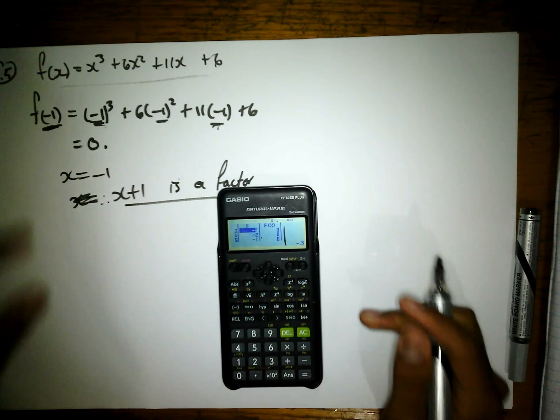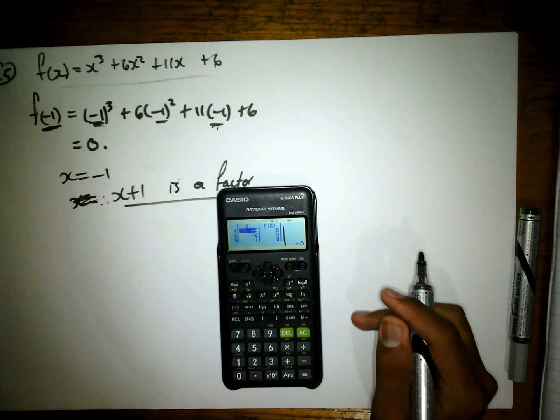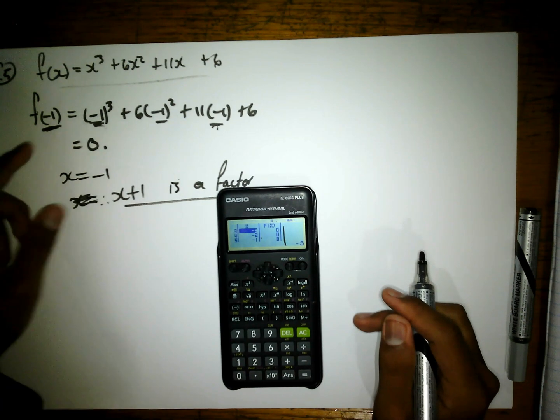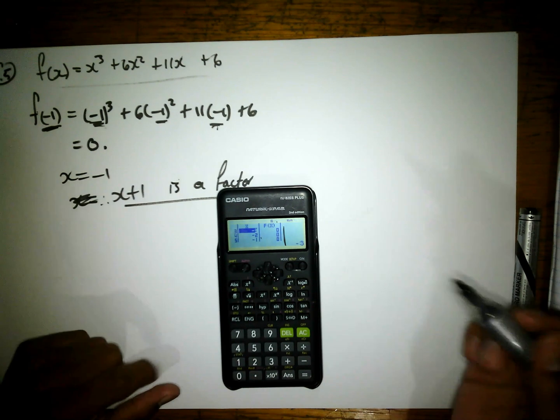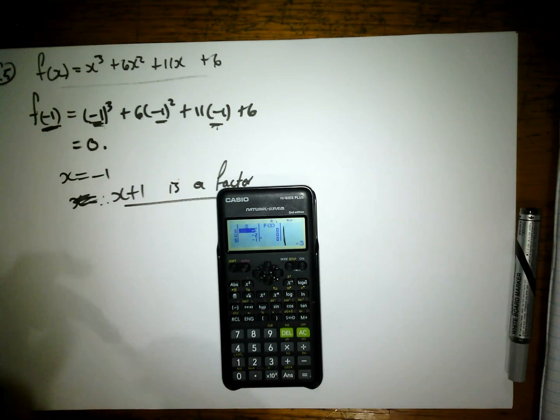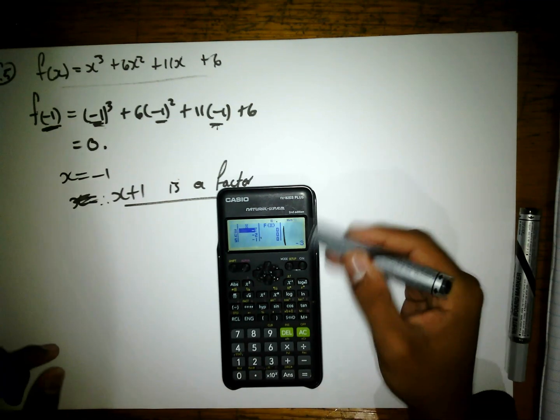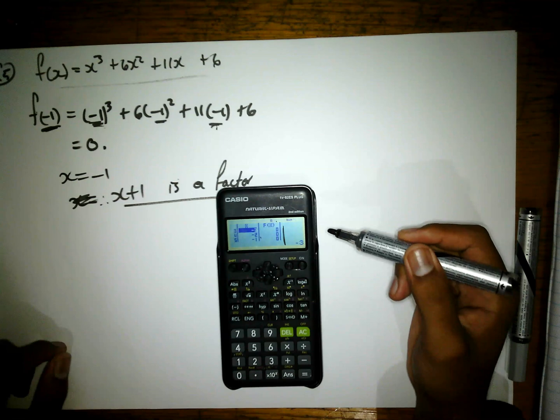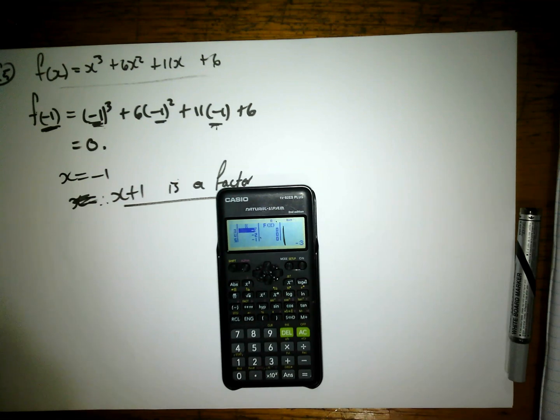Instead of trying random numbers, maybe you choose positive 1, then you must work up and down. Calculate it quickly, fast and quick. It gives you all the factors even, but you only need one. I could share a video perhaps regarding this on the calculator. It's a shortcut.